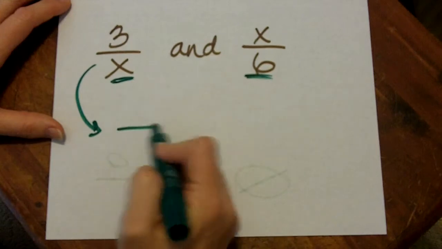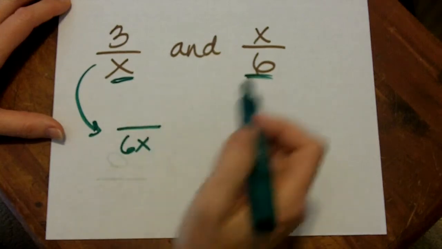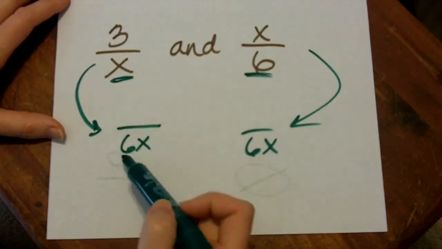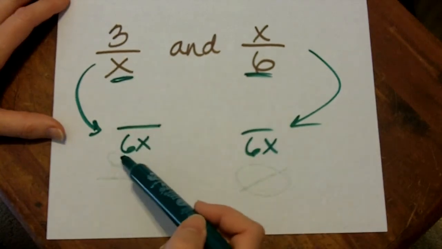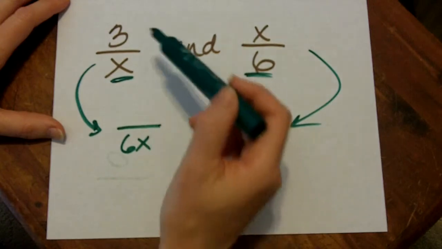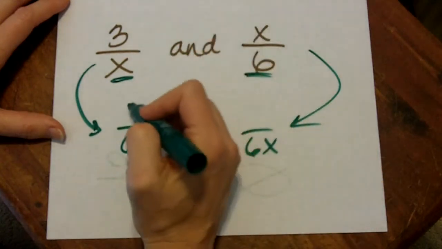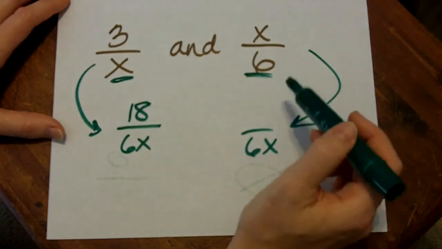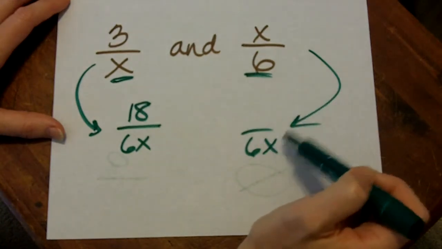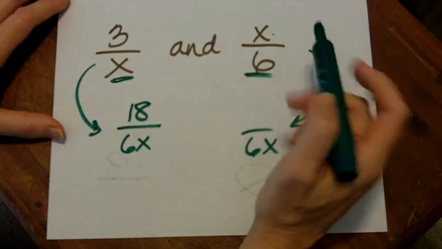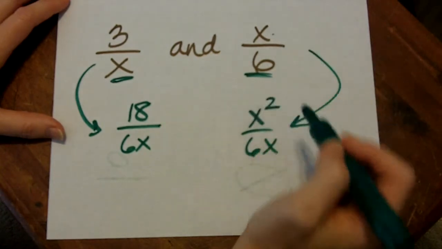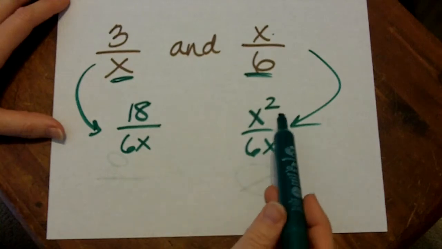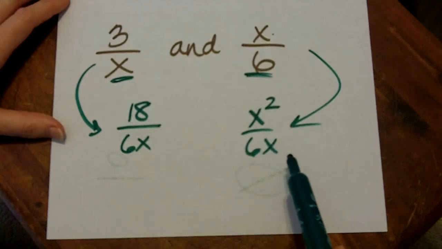And so to have 6x on the bottom here and to have 6x on the bottom on this one, you just think, well, I had to multiply this x by 6 to get 6x on the bottom. I also have to multiply the 3, so I'm going to have 18 over 6x. And again, here, 6 times x gives me 6x, so I have to multiply this x by the same thing to have equivalent. So my answer is going to be 18 over 6x and x squared over 6x.